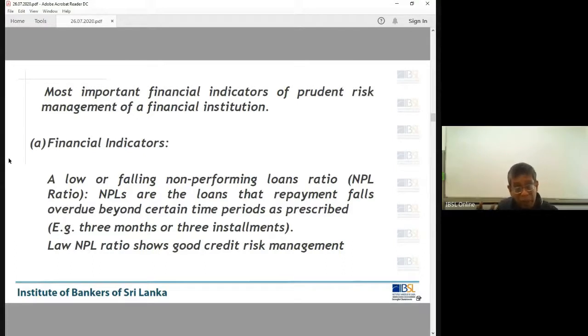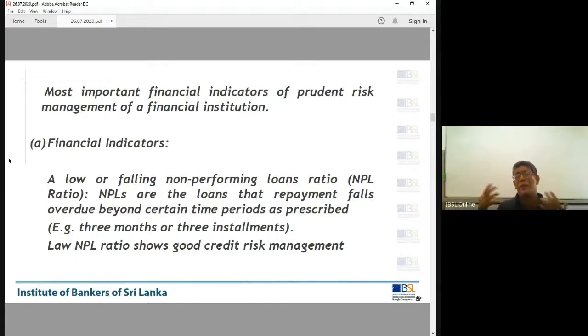So if you have a higher NPL, what do you mean by that? Suppose your financial indicators give a high NPL ratio. That tells you something. One factor: the bank is not granting loans to good customers. You are giving to subprime customers, not prime customers.